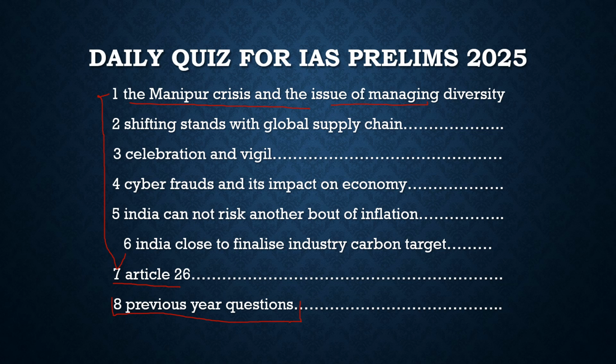In a similar way, how can the constitution come in and save Manipur right now, and how can the parliament frame a particular law with respect to Manipur and solve the situation there?